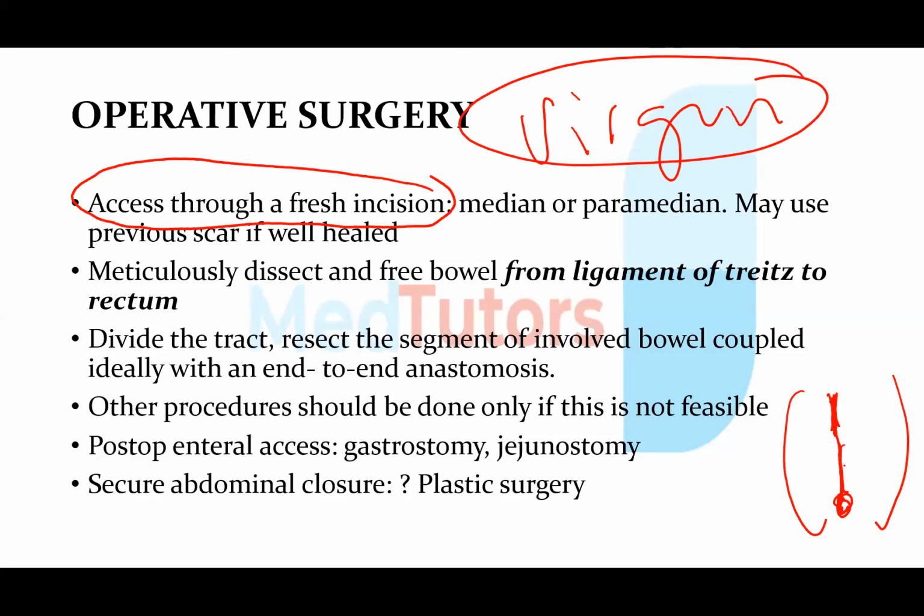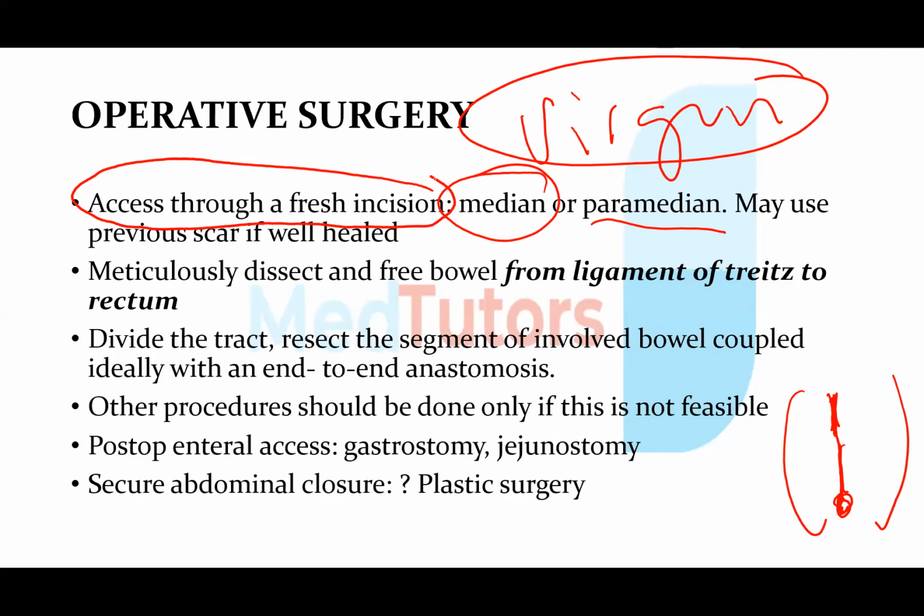So you have to go through a fresh incision, through a median or paramedian, but this is not commonly used. It's via a median. The previous scar may be used when it is well healed.